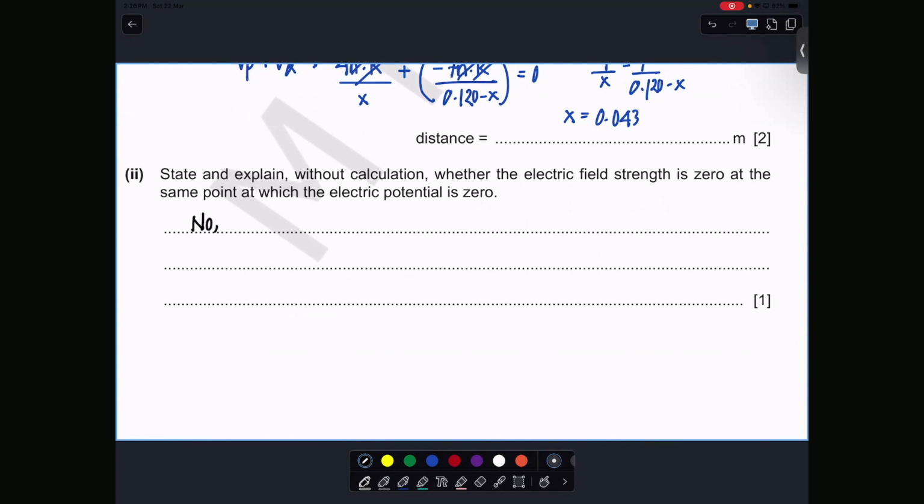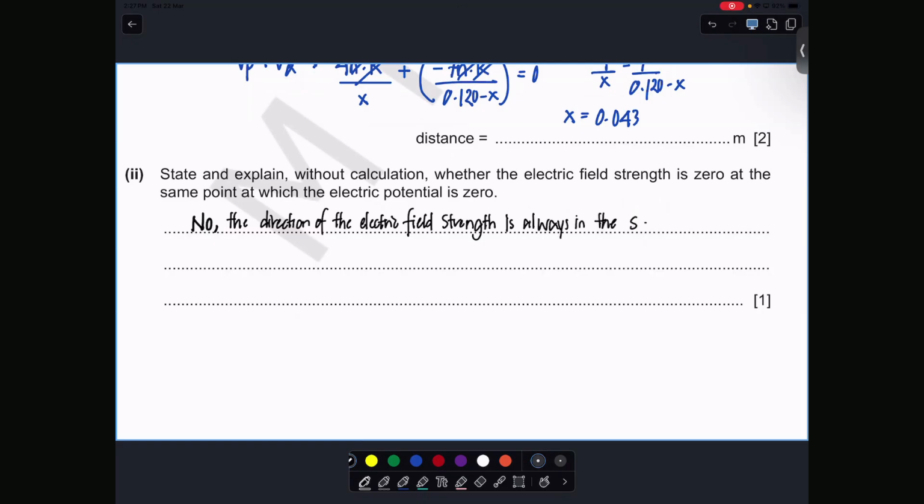No. And the reason is that the direction of the electric field strength is always acting in the same direction, hence it cannot cancel or be equal to 0.